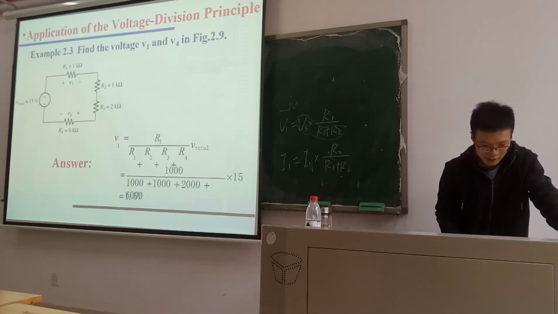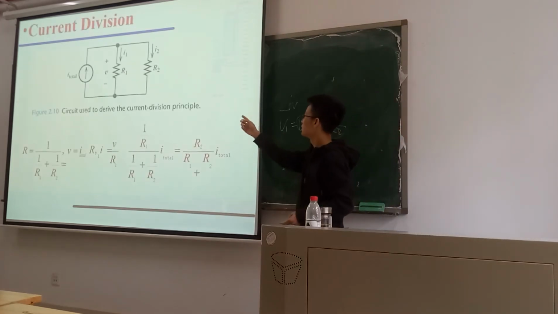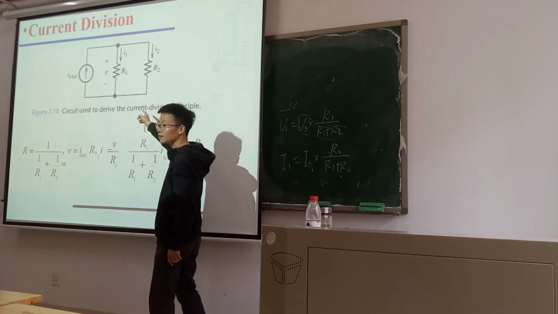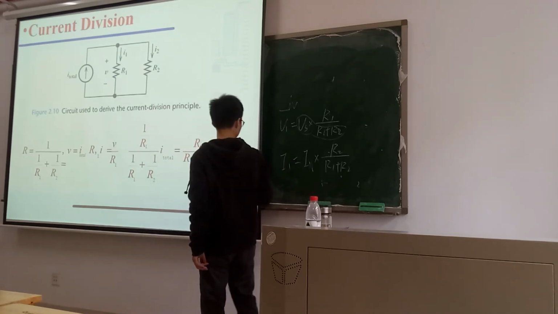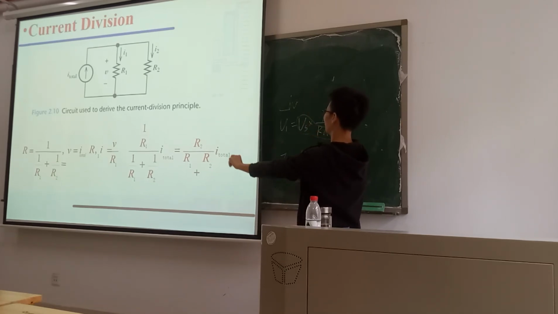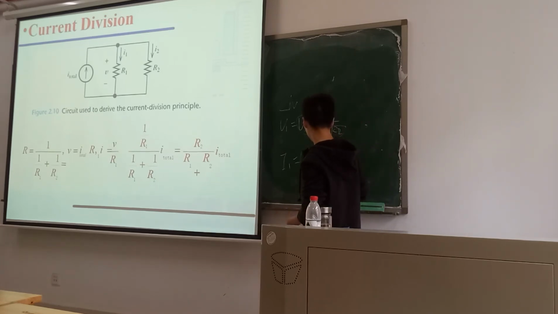You can understand it like this. For resistors in parallel, the voltage of each branch is equal, right? So the current source cannot be treated as equivalent to the voltage source.